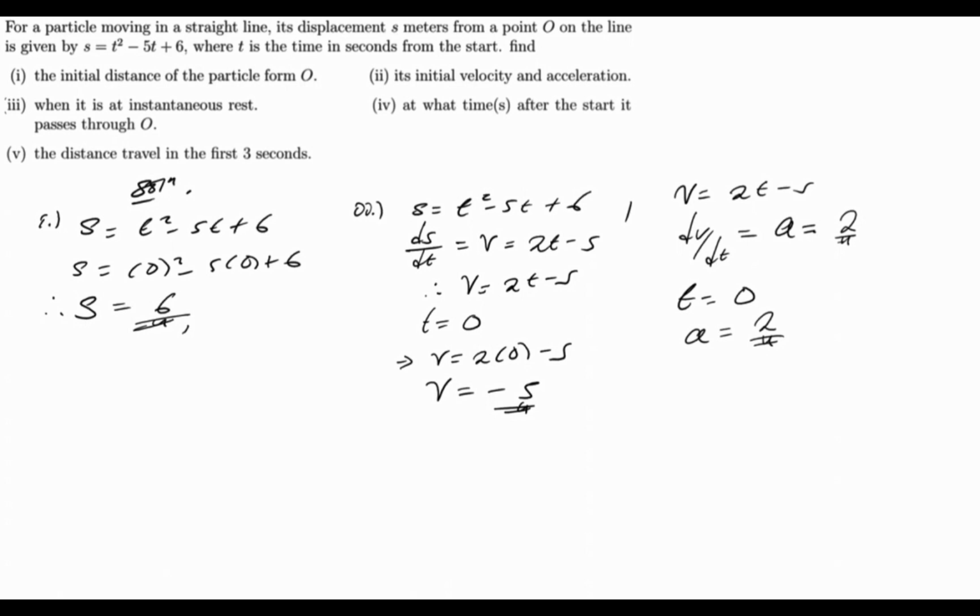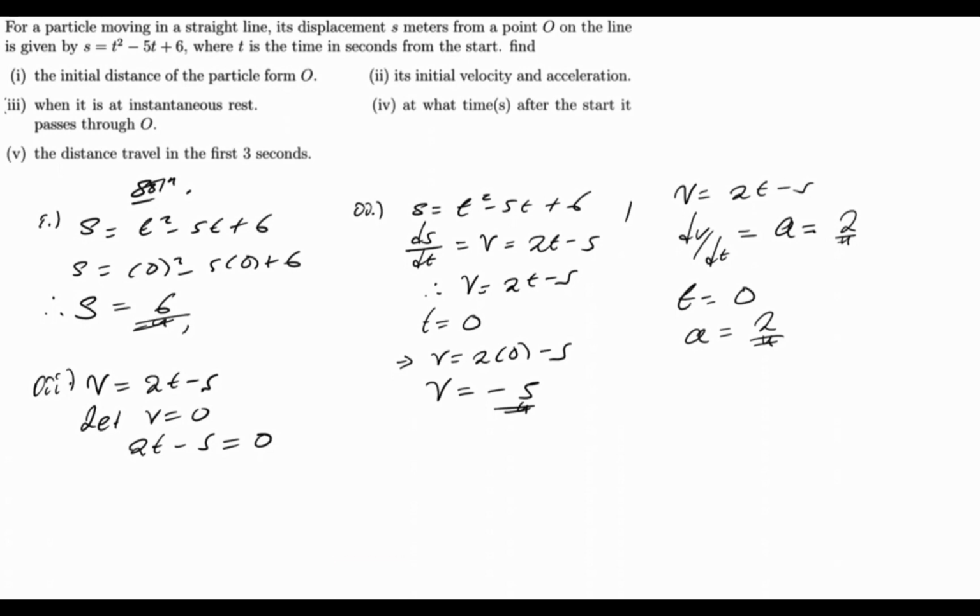So if we get the velocity function, which is equal to 2t minus 5, and set it to 0, where we say let v equal 0, we end up having 2t minus 5 equal to 0.